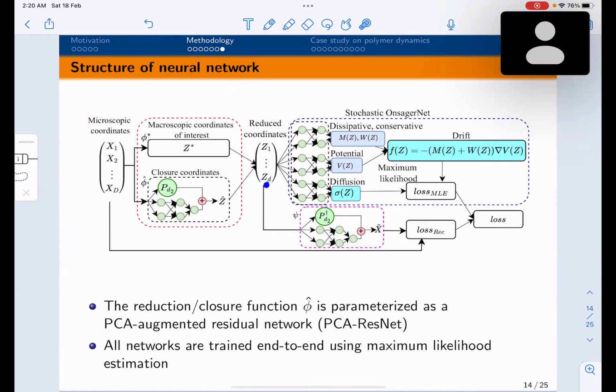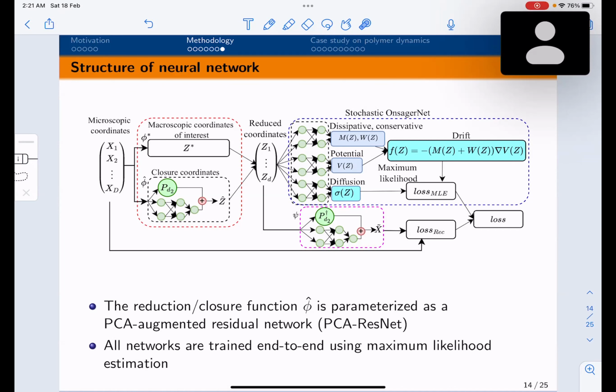For Z, we reconstruct to the high dimension to get S tilde. Then we get the reconstruction loss. Then we train the losses together to get this part, and also F and sigma. If we train well, we get the model reduction part and the reconstruction part, and we also know the low dimensional dynamical system.